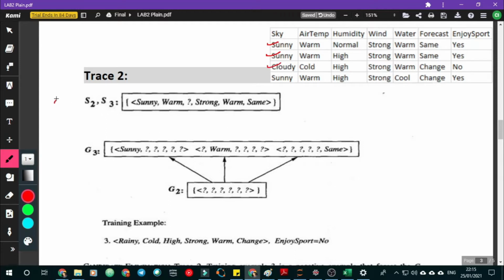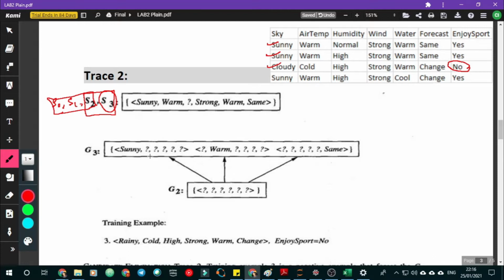So S0, S1 is over, and S2 is also over. Clear? After reading this third negative example, I need to only make a change to my general hypothesis. I should not change the specific hypothesis. I need to keep it as it is. That's why I have written here S2 and S3, because it will be similar.